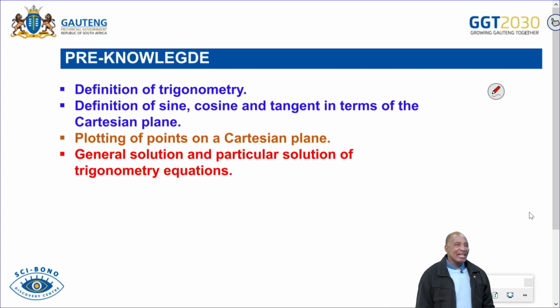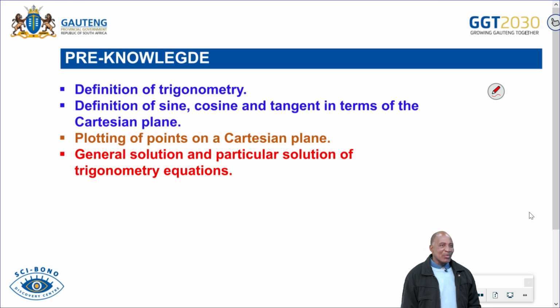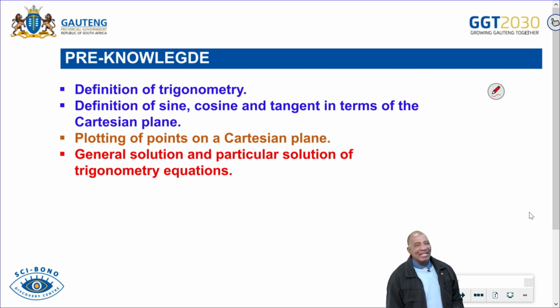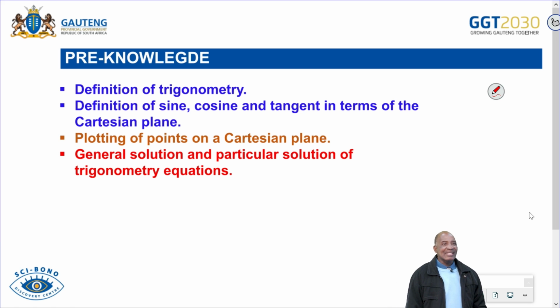And by now, I think you are familiar with trigonometry. You were introduced to trigonometry at some point in grade 10, and it was defined as that branch of mathematics which deals with the relationship between angles and the lengths of sides of a given triangle.